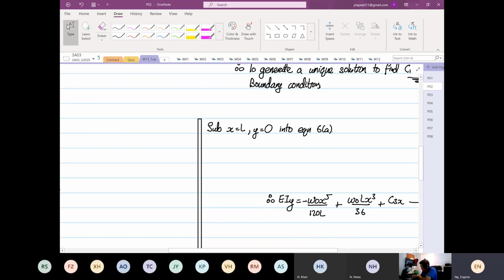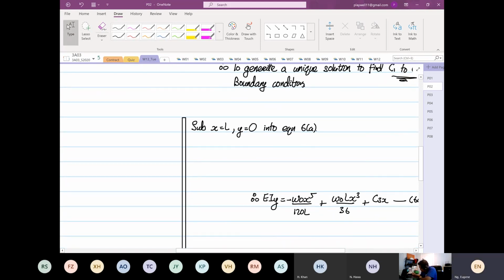So from here, we have 0 is equal to minus omega naught L^4 divided by 120 plus omega naught, isn't it L to the 5? Oh yeah, no, L to the 4, because L below 5 on top we cancel, right?